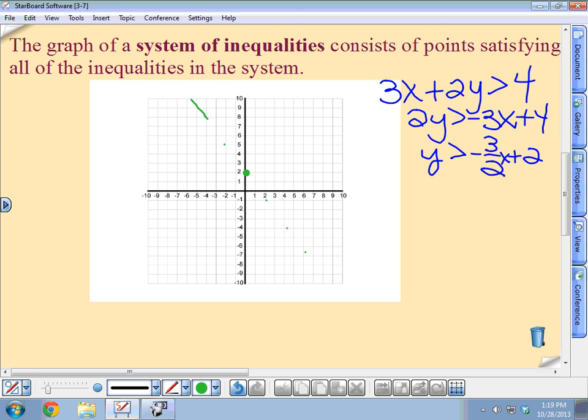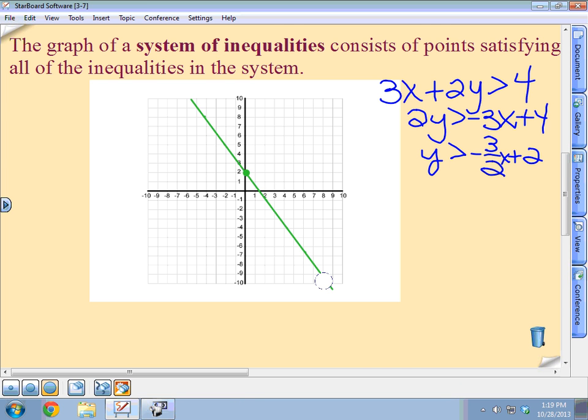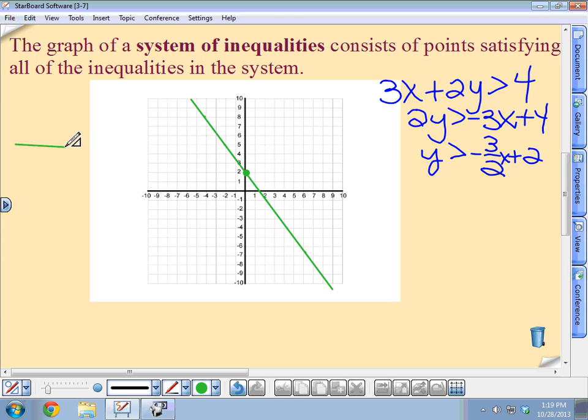It goes through there pretty good. And notice, is this going to be an open or a closed line, Eugene? Am I going to have a solid or a broken line?